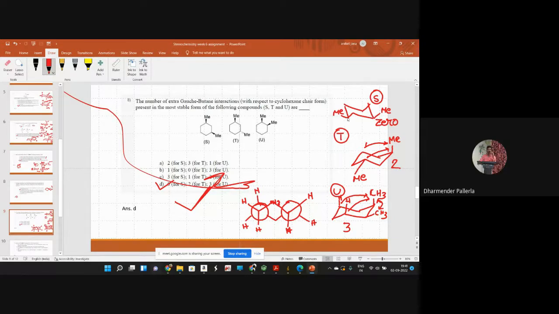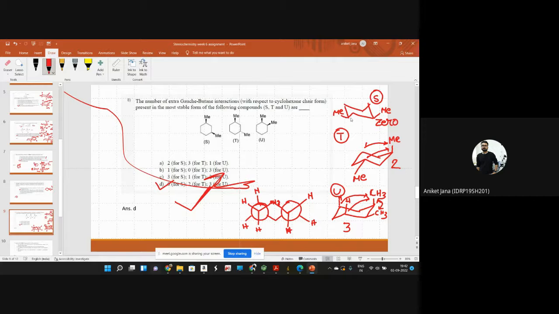Sir, sorry, one doubt, sir. Yes. Sir, in the S conformer, we put two methyl groups in equatorial positions. So if you change the equatorial positions into two axial positions at 1, 3 positions, we can expect more gauche butane interactions, sir. Can we expect?